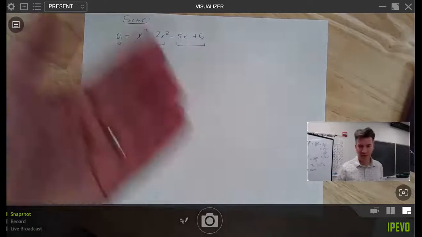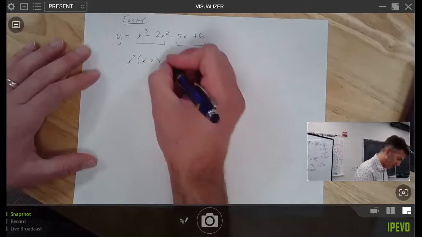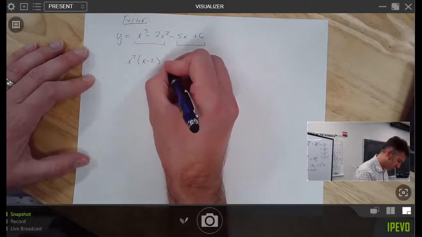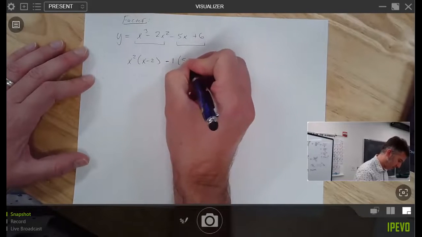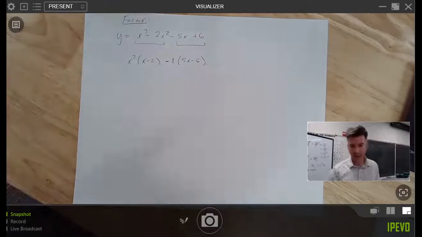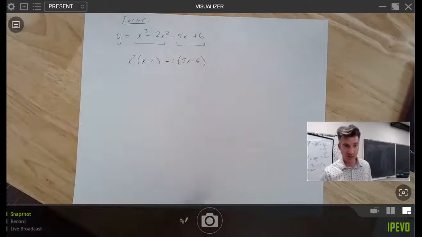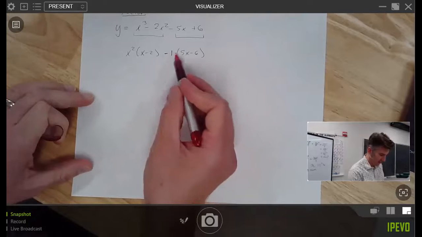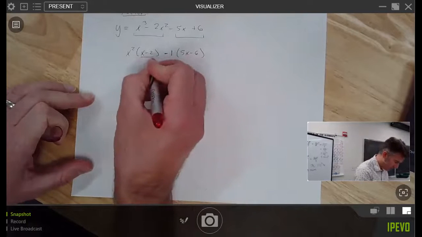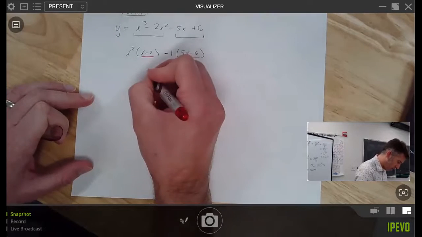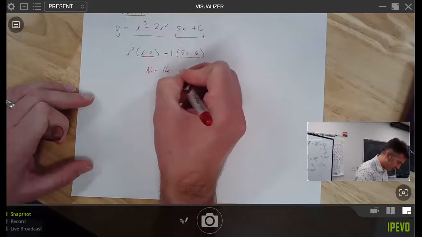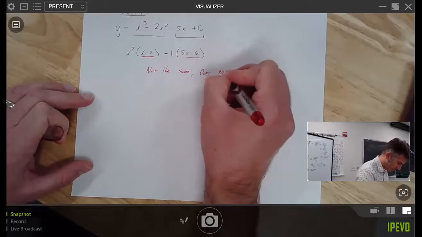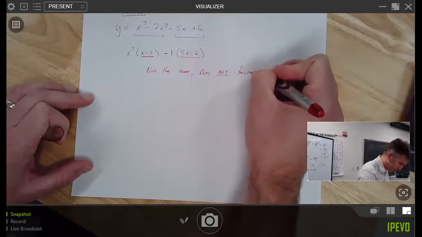And nothing factors out from the next two terms. So I guess I would factor out a -1 and be left with a 5x minus 6, or a +1 and be left with a -5x plus 6. But either way, no matter what I factor out from this piece here, these pieces are not the same, which means it does not factor by grouping.